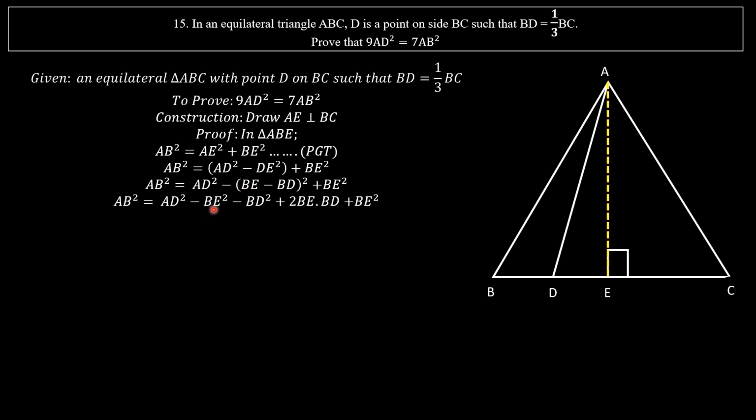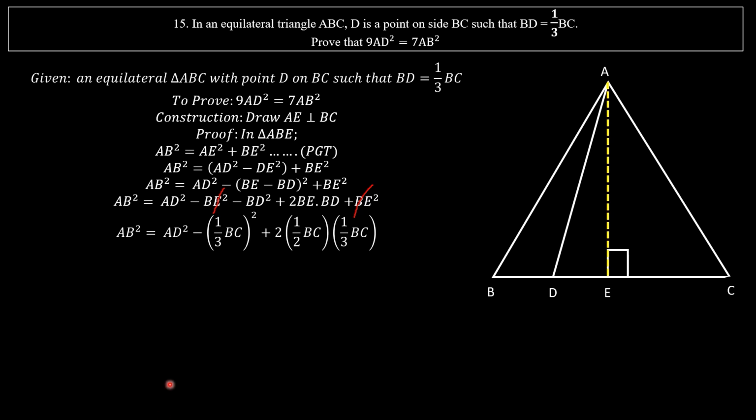BE square, minus sign is outside the bracket, so minus BE square plus BD square, minus 2 BE into BD, minus into plus, minus into minus, plus twice of BE into BD, plus BE square. Again simplify it. Now here minus BE square plus BE square will be cancelled out, right?